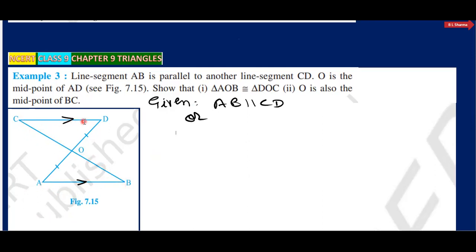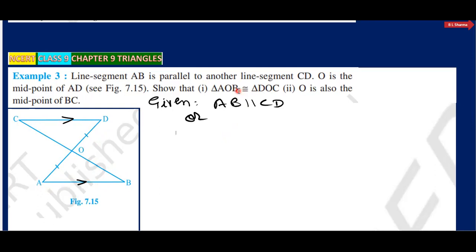AB और CD दो लाइन पैरेलल है, BC इन दोनों लाइन को ज्वाइन करती है, and this AD also joins the two lines. So AD भी ट्रांसवर्सल है. देखिए, AD is transversal because this is joining the two lines CD and AB.